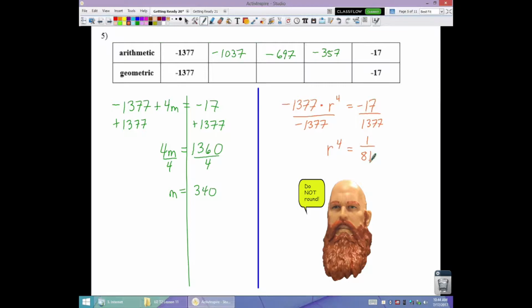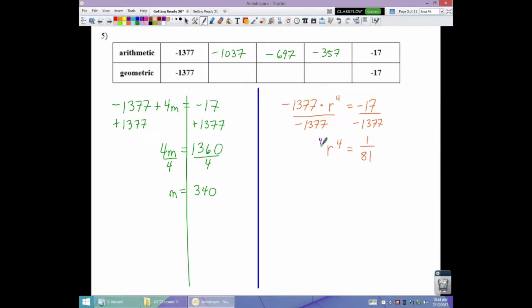I'm sorry, we divided by a negative. Yes, it's positive 1 over 81. If you tried to make that a decimal, 1 over 81 is 0.01234567. That is not something that you can use. You do not want to round that. Take the 4th root of both sides. So r can be, again, it's an even exponent, so either positive or negative 1/3.